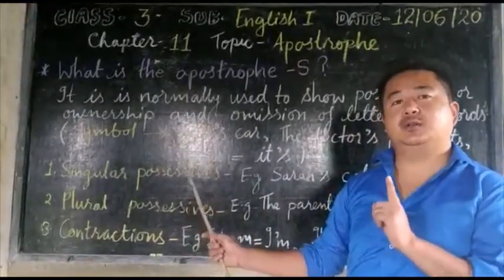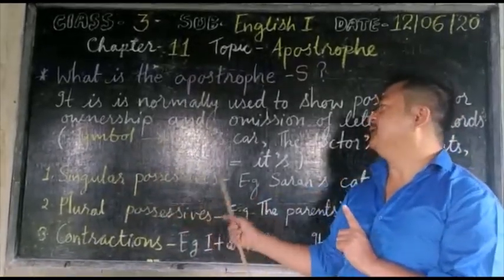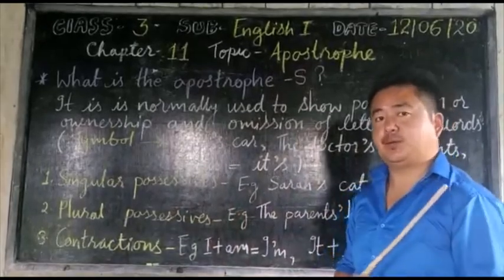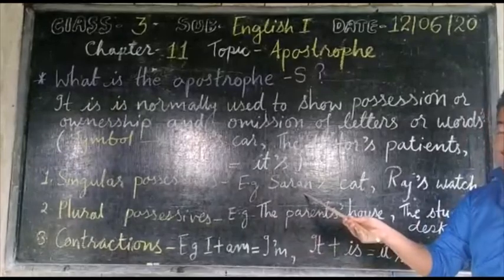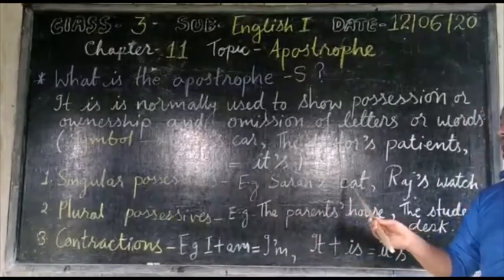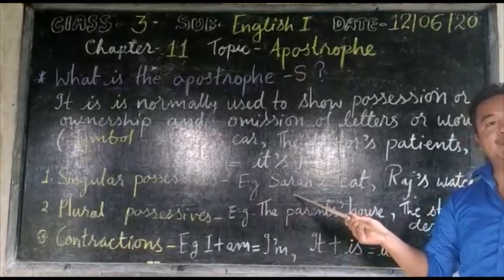So how is the apostrophe used here? In a singular possessive. Here also you have a case: Sarah's cat. The cat belongs to Sarah, one person.